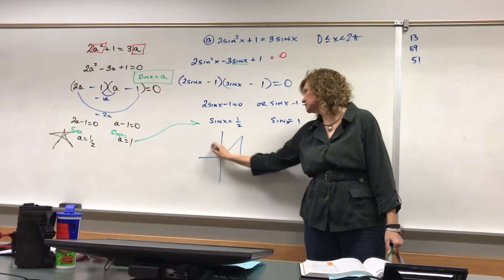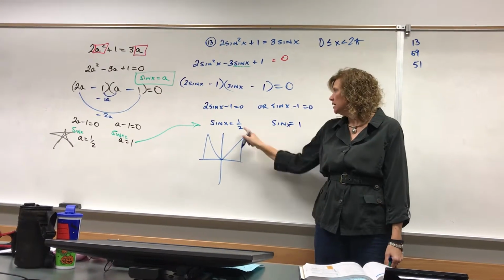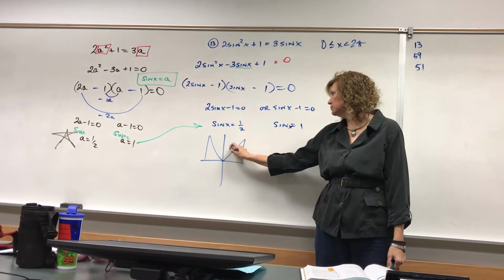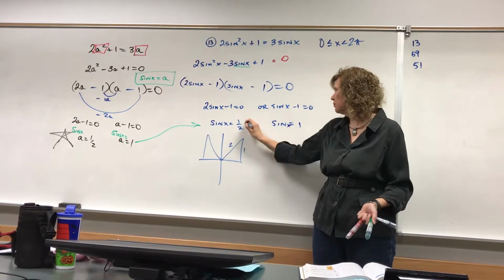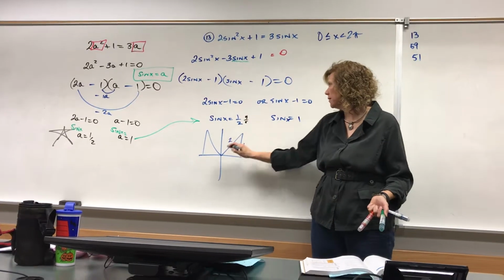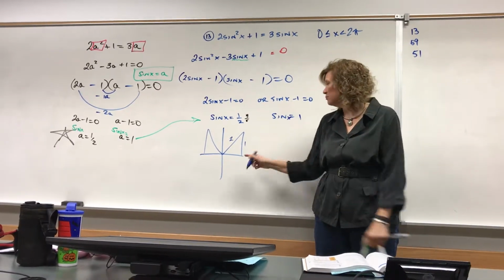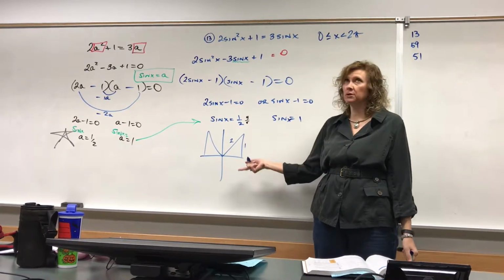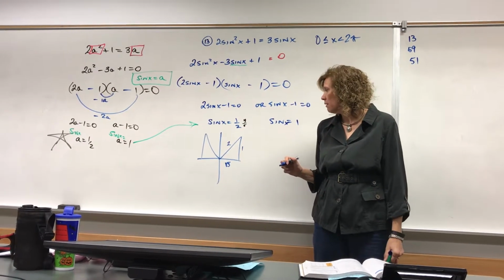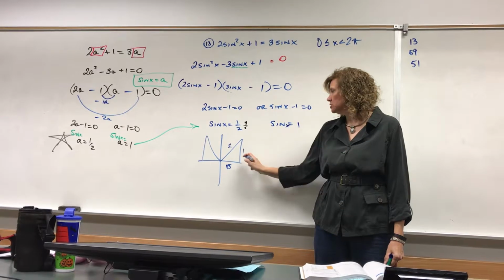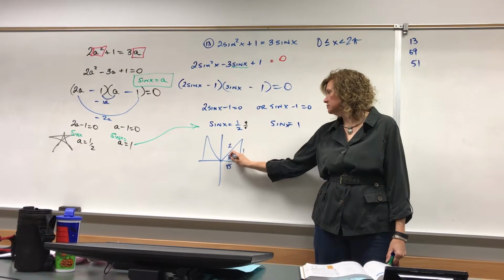Sine is positive in the first and the second quadrants. If we label our triangle with respect to y over r, remember our sine ratio is y over r, we can complete the triangle. You either do Pythagorean theorem or you recognize this is going to be the square root of 3, which means that this is 30 degrees.